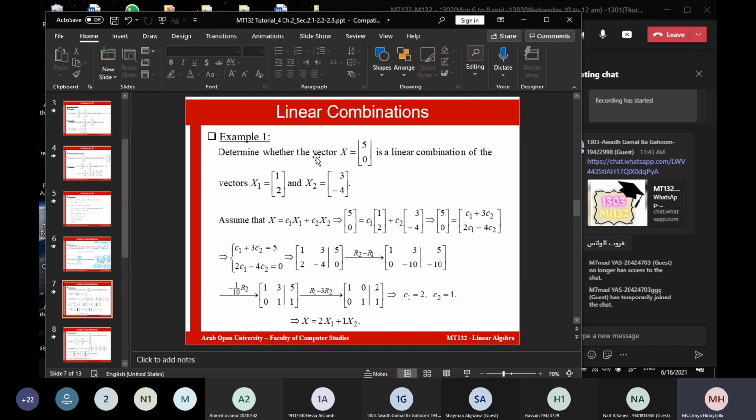Now, determine whether this vector is a linear combination of x1 and x2. Is it a linear combination of them or not?